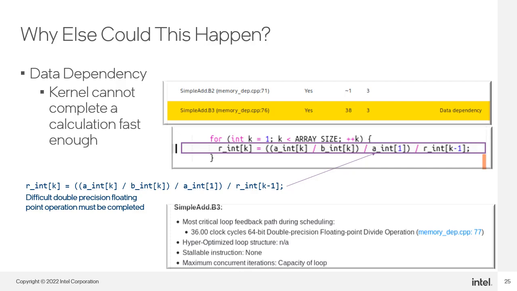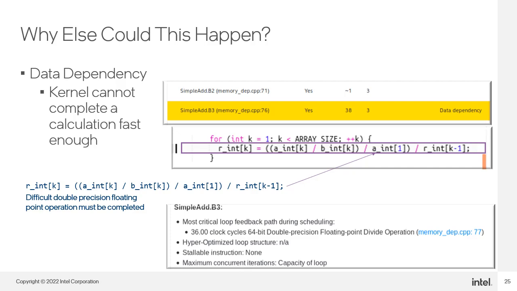When we inspect the code, we can see that the compiler is having to perform difficult double precision floating point operations, waiting on 4 divide operations to finish first before it is able to perform the next divide. This will definitely take a while and generally divides are slow. Reading the details field below in the report, it shows the divide is taking 36 clock cycles, thus accounting for the high II.